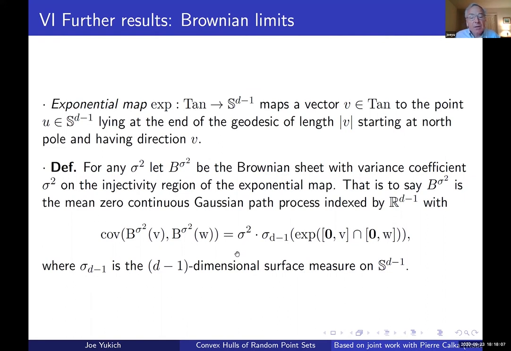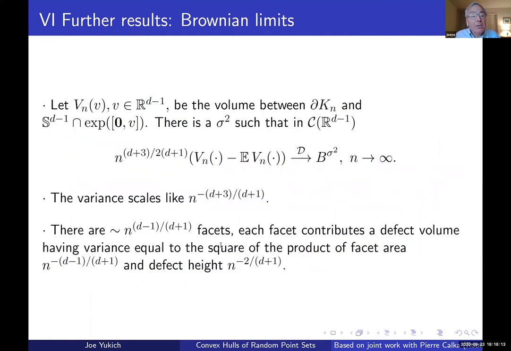So this defines a Gaussian path process, and we can show the following, that if we now consider the volume between the convex hull and that part of the sphere which coincides with the exponential map of this rectangle, 0 to V, then this defines a volume.